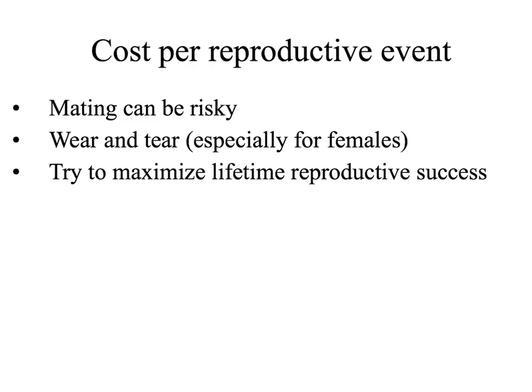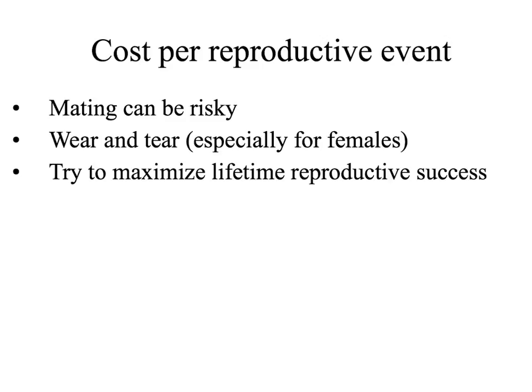There's also a cost for reproductive events. Mating can be risky. Being out in the open, finding mates, or mating can actually increase your risk of predation, make you easier for predators to find. There's also wear and tear on the body, especially for females. Carrying litters of babies around is very taxing on females.